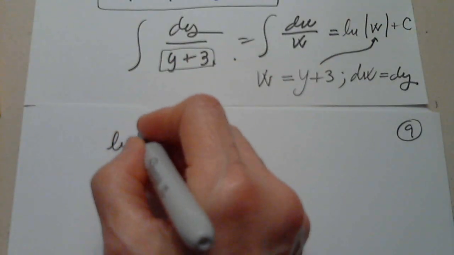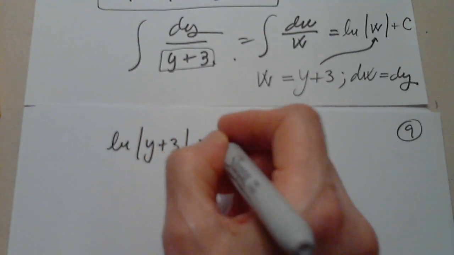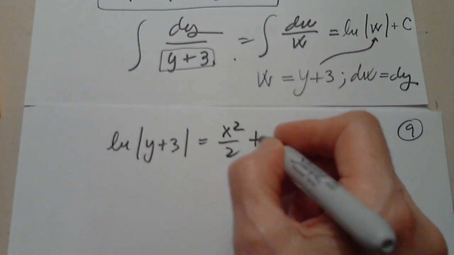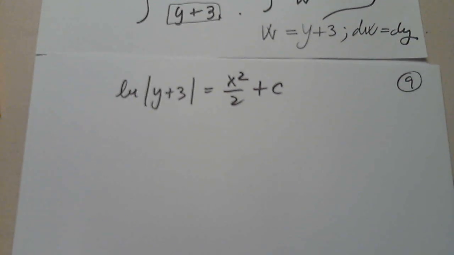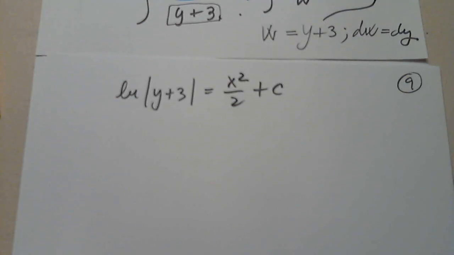So we have natural log of the absolute value of y plus 3 equals x squared over 2 plus a constant c. Okay, let's think for a moment. From this moment on it is only algebra. Calculus is done. How do I convert this log equation into an exponential equation?